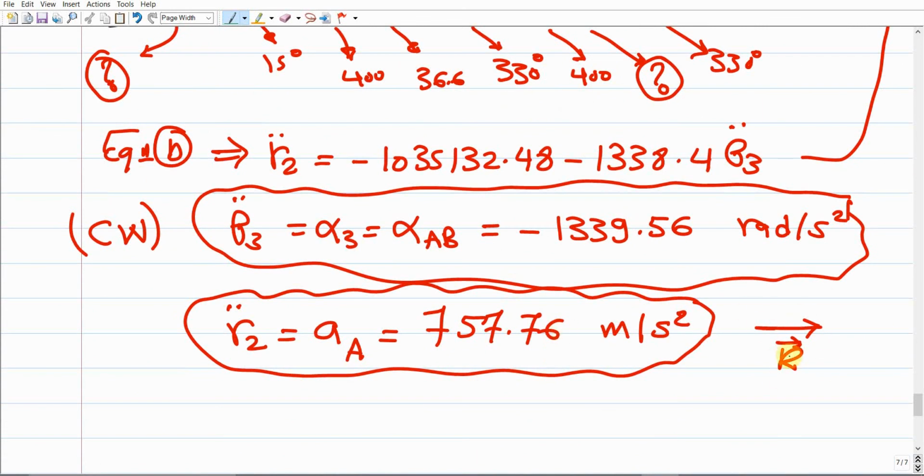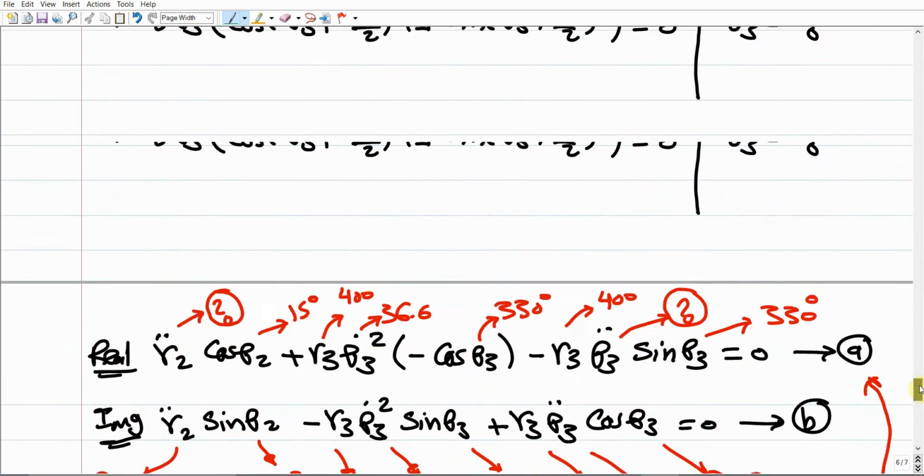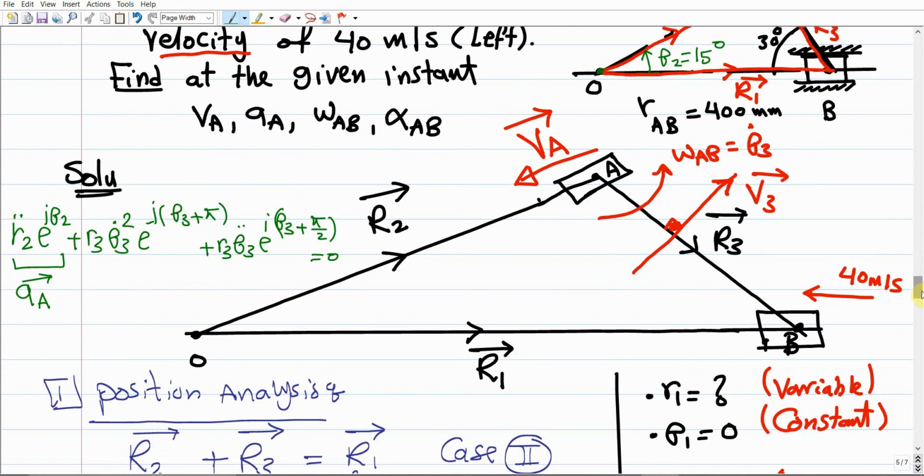It means that it should be in the same direction as R2. So this should be the direction of the acceleration of slider A, parallel and in the same direction as R2.